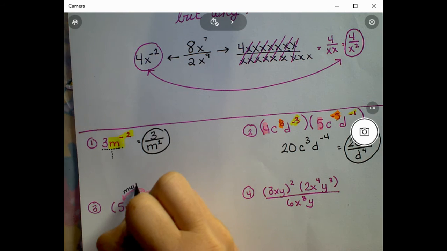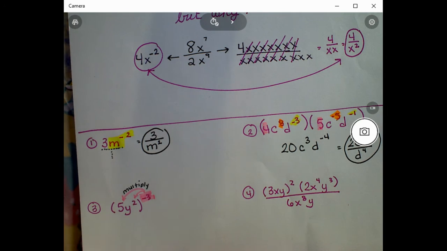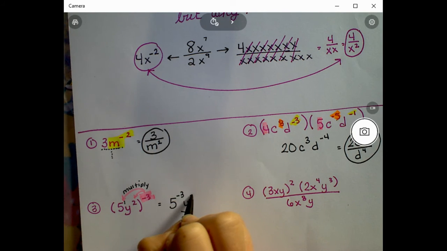When you distribute, you multiply. And when you do not see an exponent, there's an implied 1. Okay? So we're going to have 5 and y, and then multiply our exponents. 1 times negative 3 is negative 3. 2 times negative 3 is negative 6.